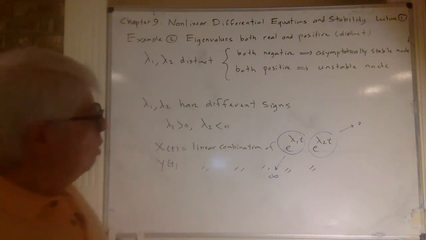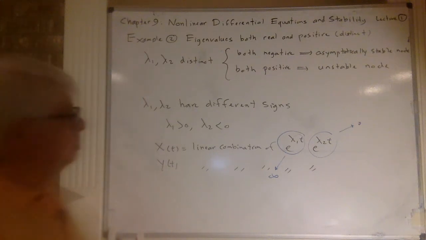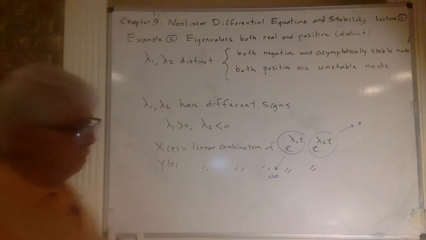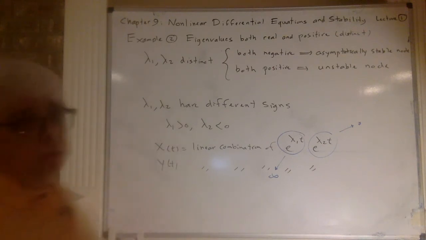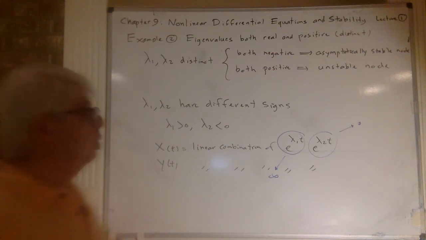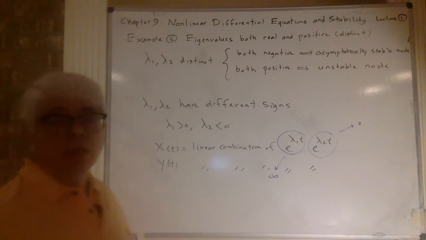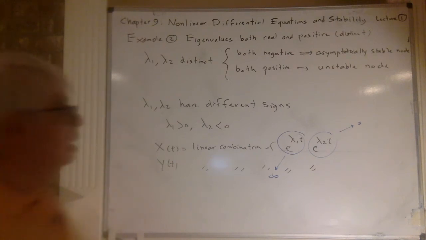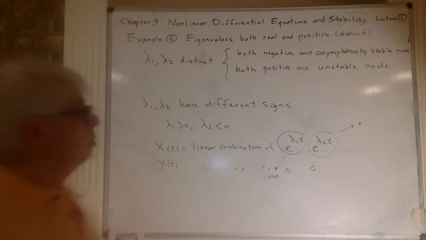So what happens here is that as time gets larger and larger, depending on the situation, we might have stable or we might have unstable. So this situation depends on where you start or what coefficients you have. So I will give you a much nicer example in the next lecture and graph everything. But this one is what we call a semi-stable situation.